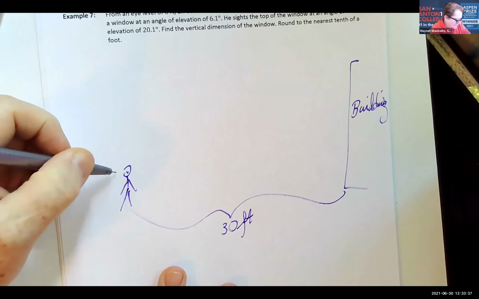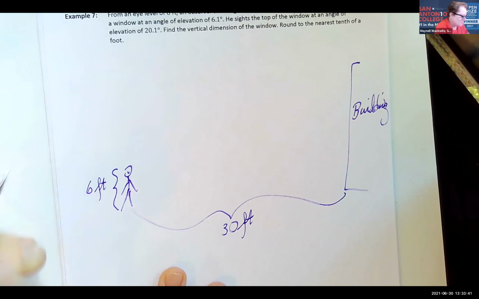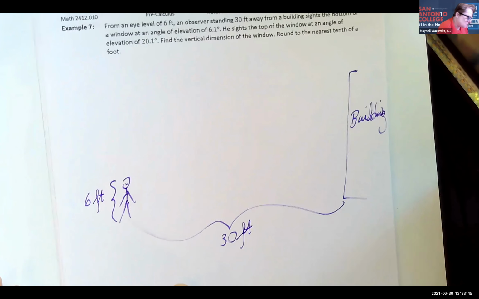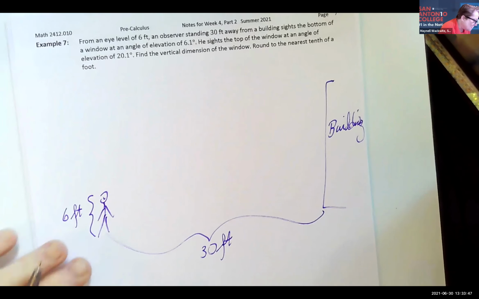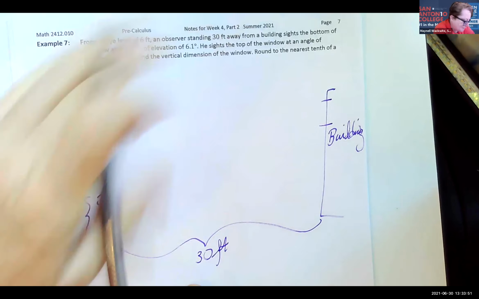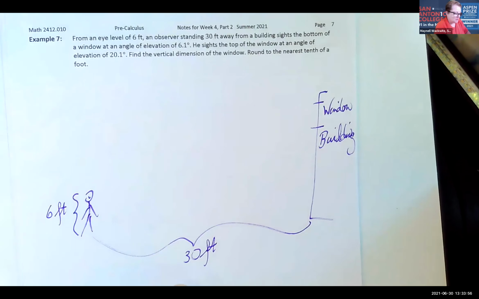And his or her eyes are 6 feet up. Sights the bottom of a window. Oh, this was a fun one. So here's the window. This one is loads of fun.